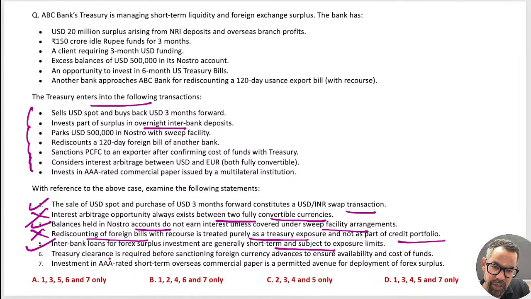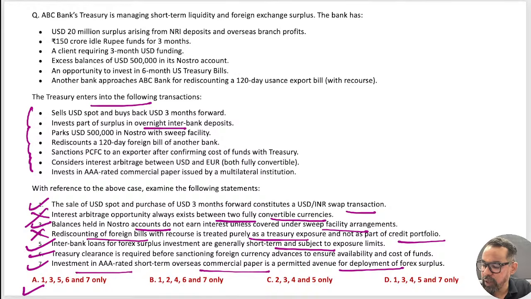The next one: treasury clearance is required before sanctioning foreign currency advances to ensure the availability and cost of funds. Investment in triple A minus short-term overseas commercial paper is a permitted avenue for deploying the forex surplus. This should also be correct. Triple A minus is fine, right? So 1, 3, 5, 6, 7.